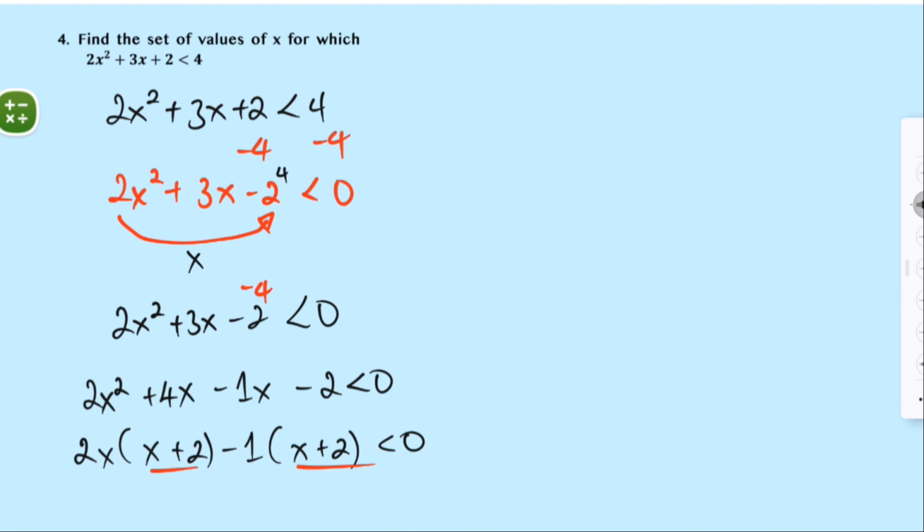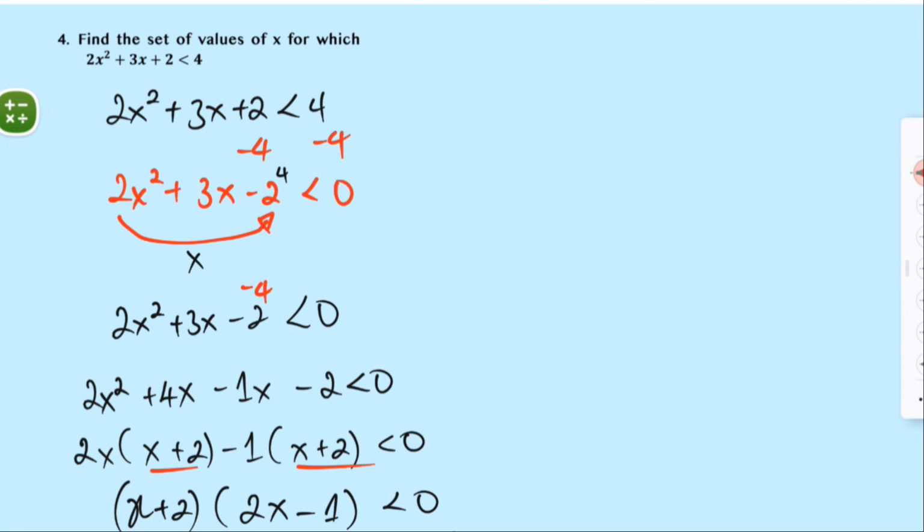Okay, and then we factor out the x plus 2 and then we have 2x minus 1 less than 0, just like that. Then we take each of them being equal to 0, because if two numbers multiply to give you a 0, then either of them has to be a 0, right?